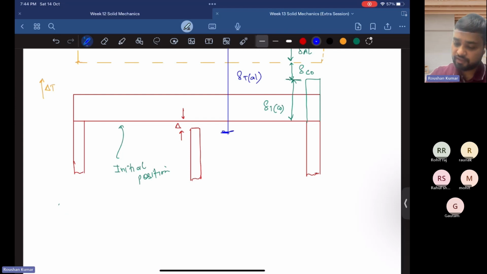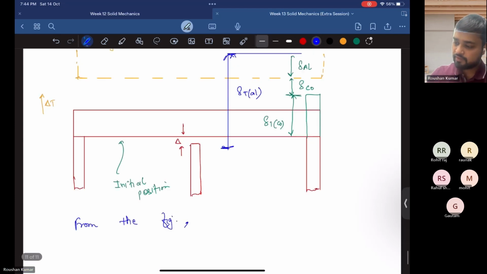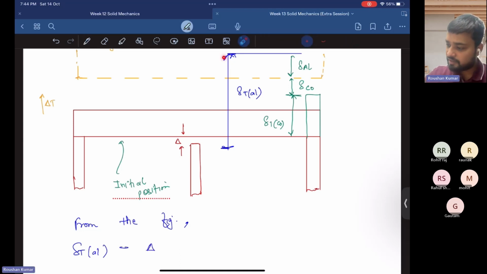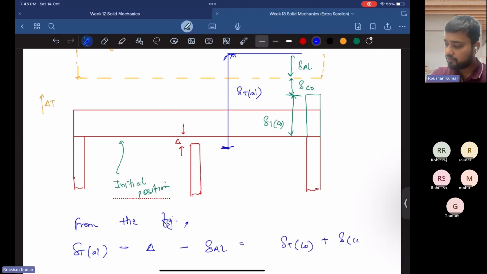So from the figure, we can say that delta T of the aluminum minus this length and minus this length will become delta T of the copper plus delta of the copper.